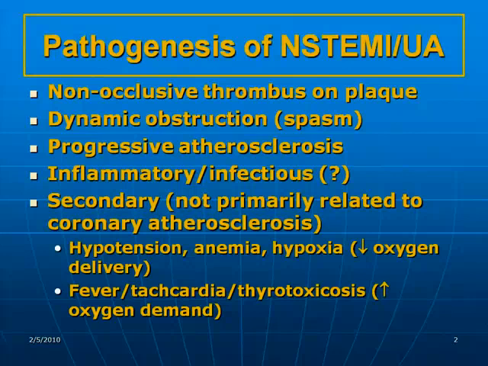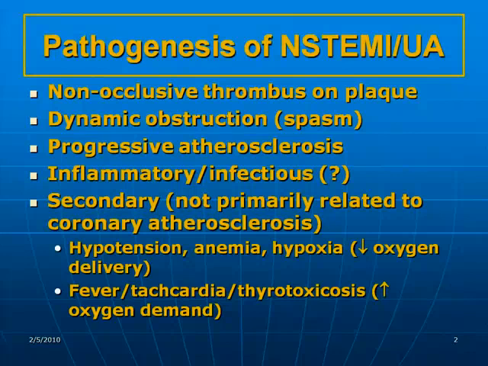Inflammatory, we think that there's an inflammatory component to some of the ulceration, rupture of the plaque, but we know that giving antibiotics does not reduce the risk of adverse outcomes in these patients. So, that's still just a theory.